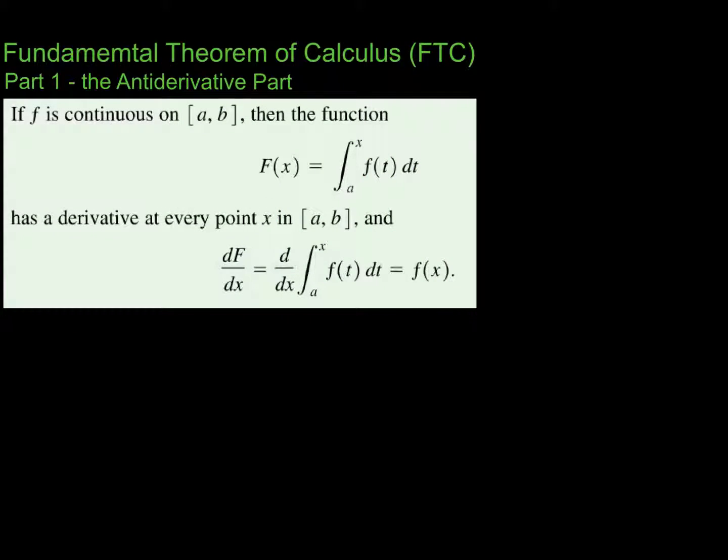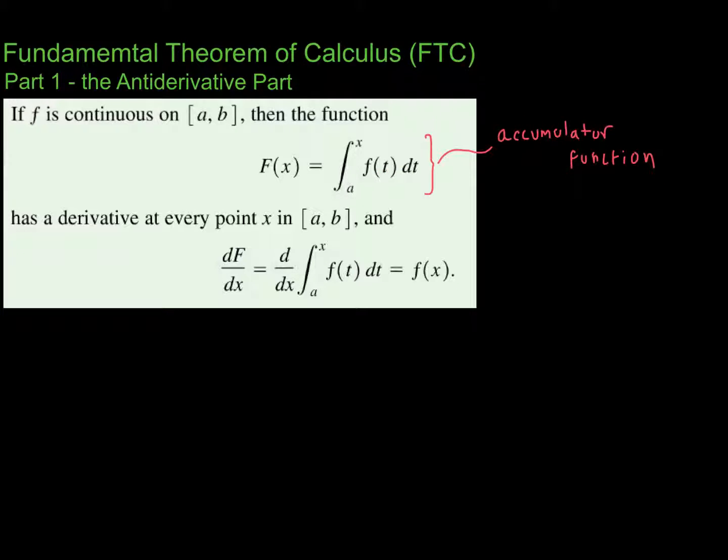Okay, the fundamental theorem of calculus, sometimes abbreviated FTC, and it's also known as the fundamental theorem of integral calculus, but oftentimes the integral is dropped. And this is part 1, which is known as the antiderivative part, and of course will lead us, as you might guess, to part 2. And what it states is this: if f is a continuous function on the closed interval from a to b, then the function capital F of x, which is just the accumulator function, so the integral from a to x of f of t dt.